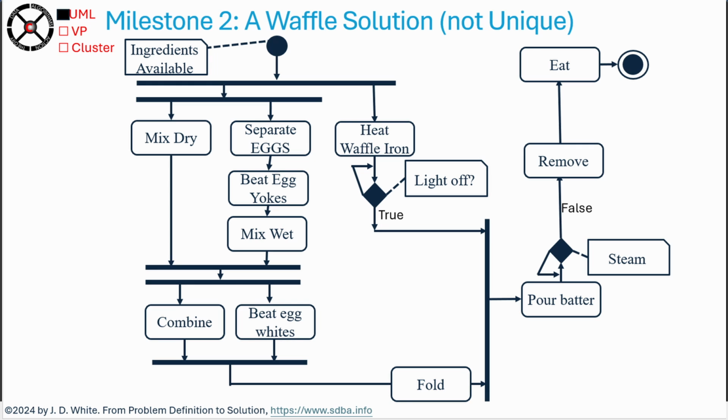And my final step will be to eat. Actually, removing and eating are separate actions, so they should be separate boxes. And finish. So I need this little arrow.